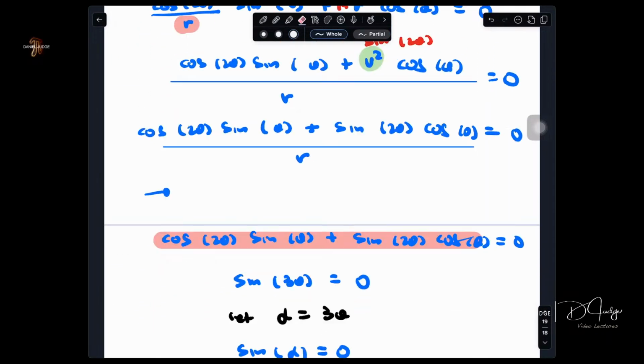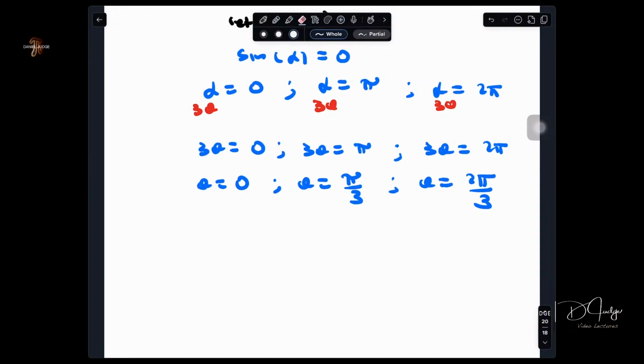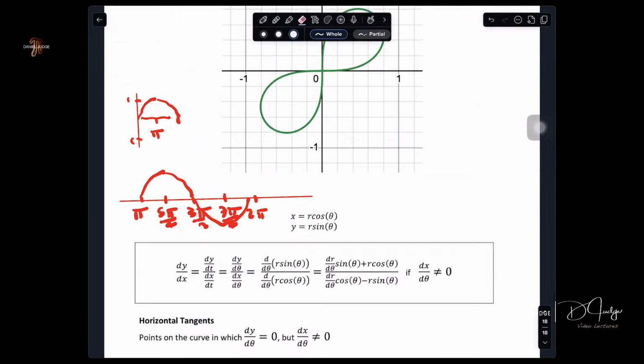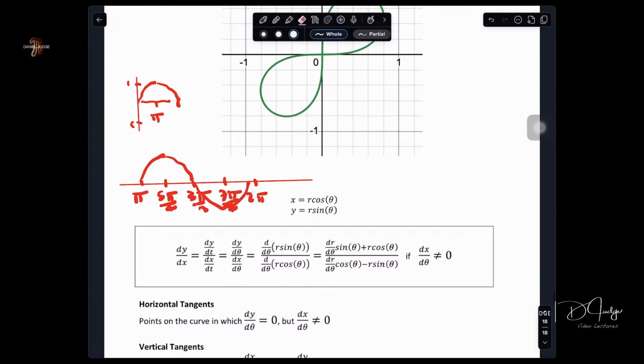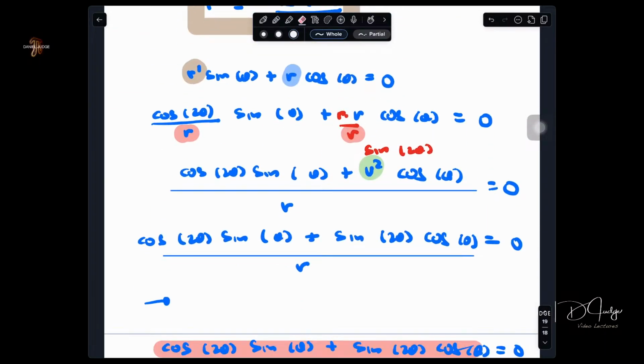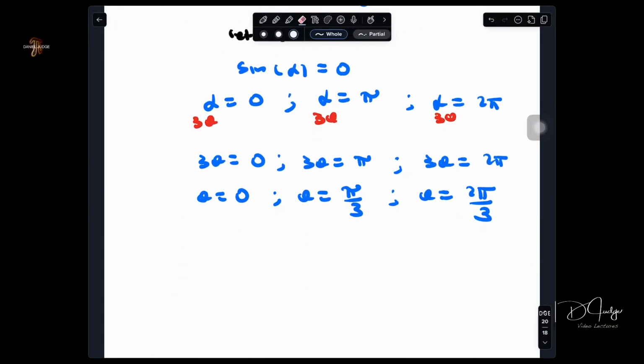So if I'm going to look at these values, 0, pi over 3, 2 pi over 3, right? This angle is not in the domain of the lemniscate.